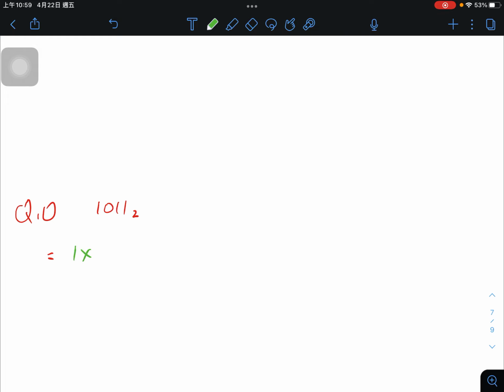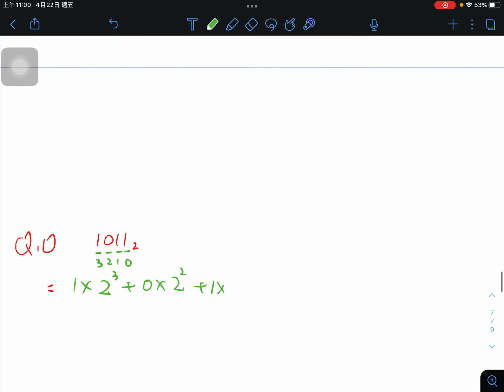First write down the powers. 1 times 2 to the power 3 plus 0 times 2 to the power 2 plus 1 times 2 to the power 1 plus 1 times 2 to the power 0.